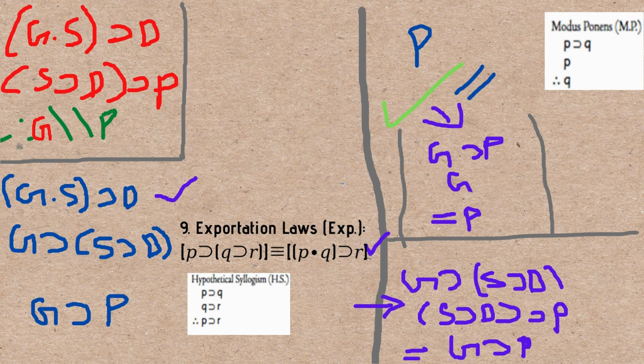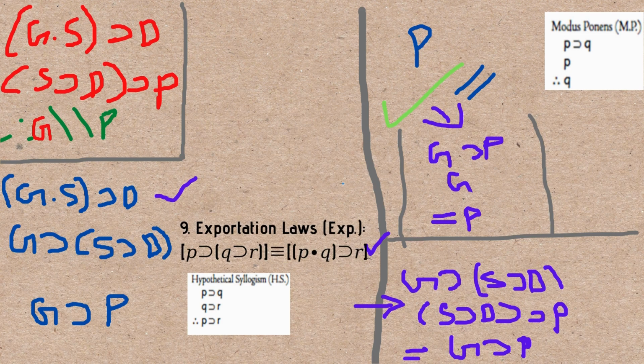So if you want me to explain more, so G conjunction S, implication D. We are applying exportation law, which makes it G implication, S implication D. So after applying the exportation law, we are applying hypothetical syllogism, where we take the first premise and apply the second premise.